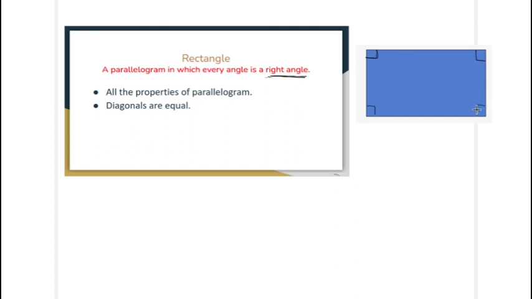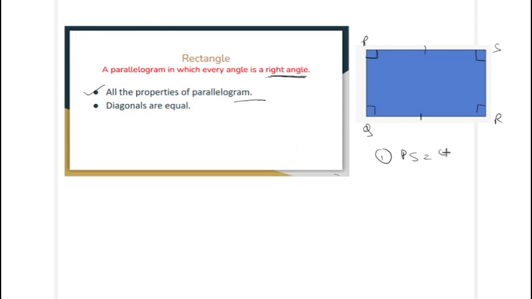Now what are the properties? All the properties of a parallelogram. If you name it as PQRS, then the properties mean opposite sides are equal. See here opposite sides are equal in a rectangle also.